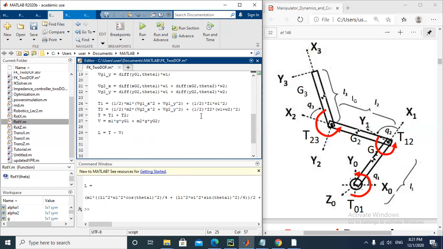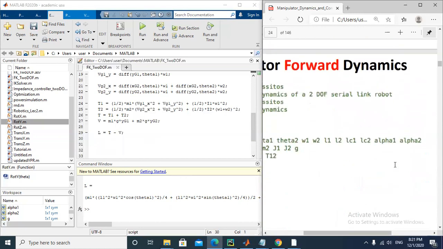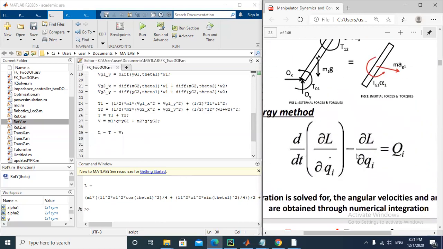Okay, so now we have our velocities, our potential energy, and our Lagrange. Now we have to solve the Lagrange equation. So, quick recap, what is the equation of Lagrange? We have d/dt of dL over d omega. I'm going to come here. Okay, there you have it. This is what we're doing.